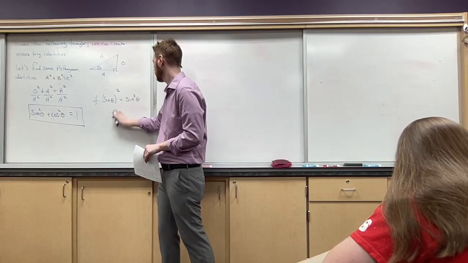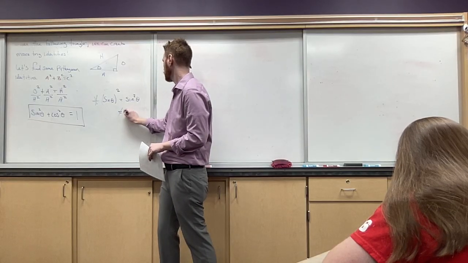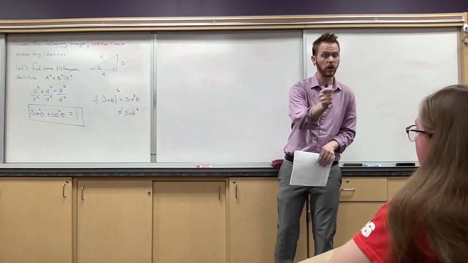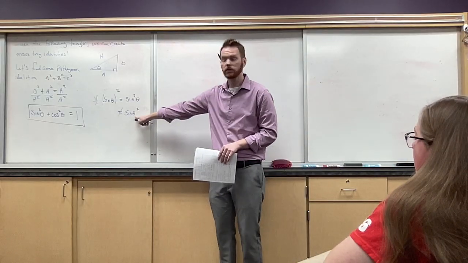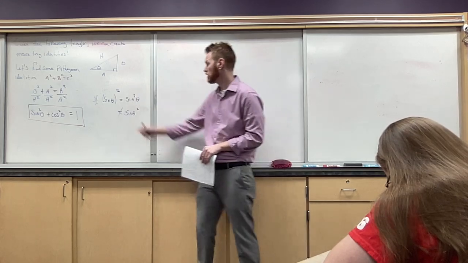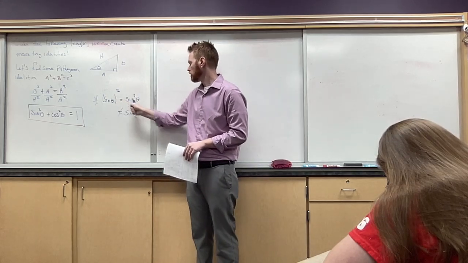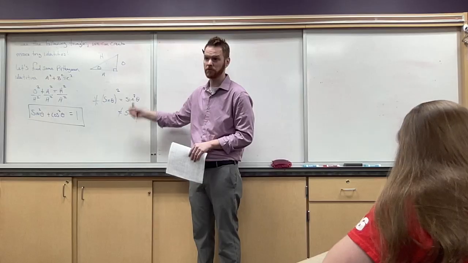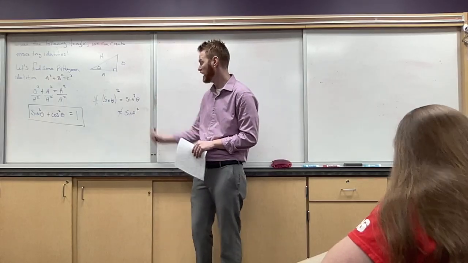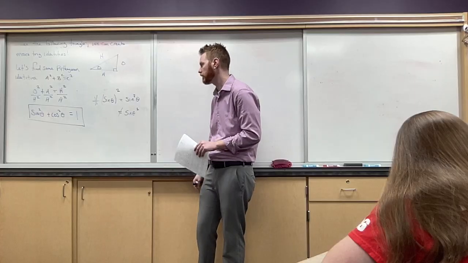This, I'll put a non-equal sign, is not the same. Here's the reason why. This is squaring the angle. It's not squaring the whole function. That's what this is doing. We're squaring the whole function. So these two mean the same thing, but if you do this, that's telling the reader, and the calculator, to square just the angle and then take sine of the whole thing, which you don't want to do.